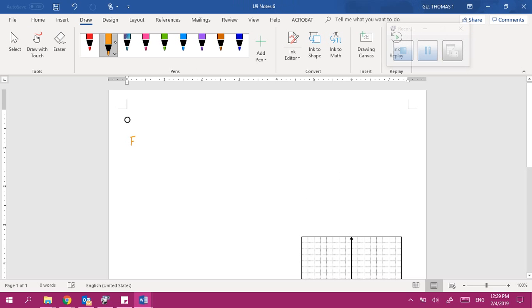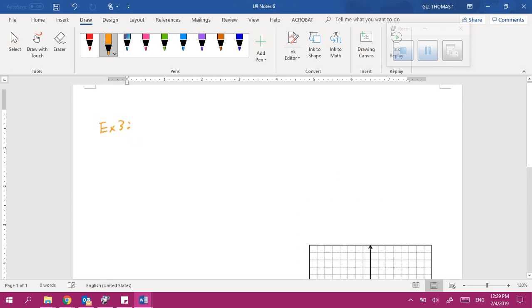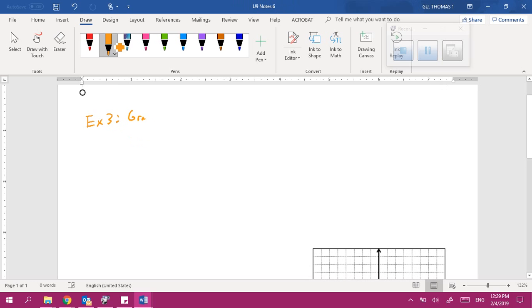So, example 3, we are going to graph f of x, then state and give specified information, which is going to be things like transformations, asymptote, domain, range, that kind of thing.